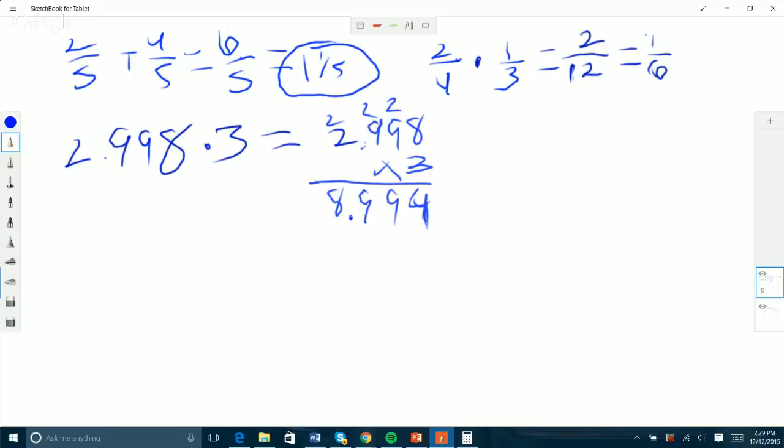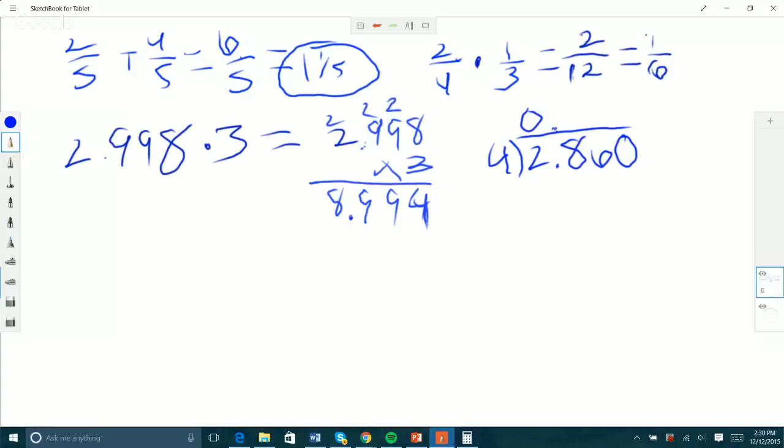Now let's get to combining the decimals. So 42, that's 0.